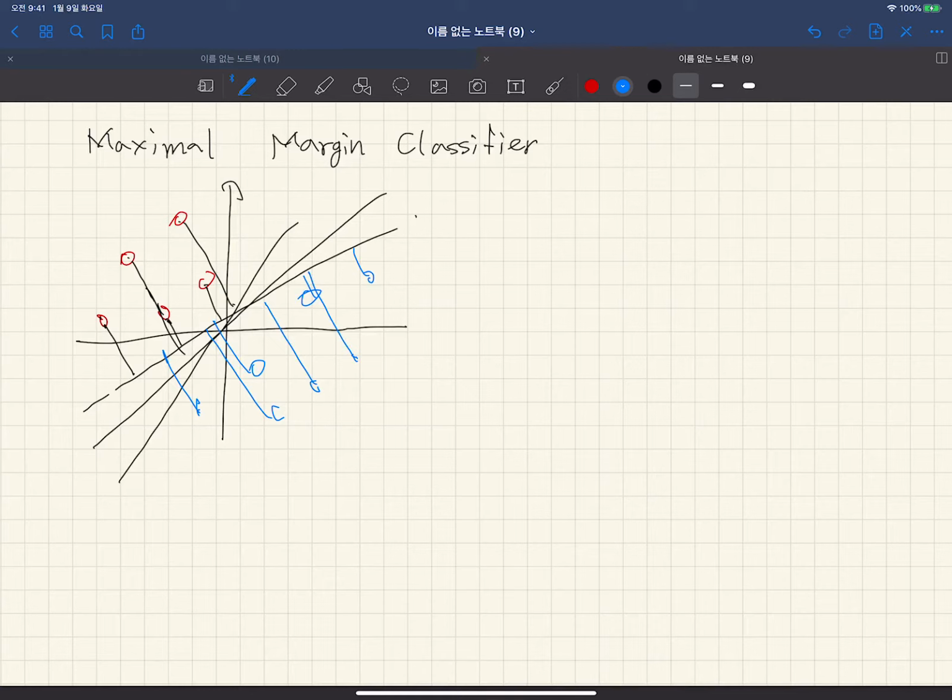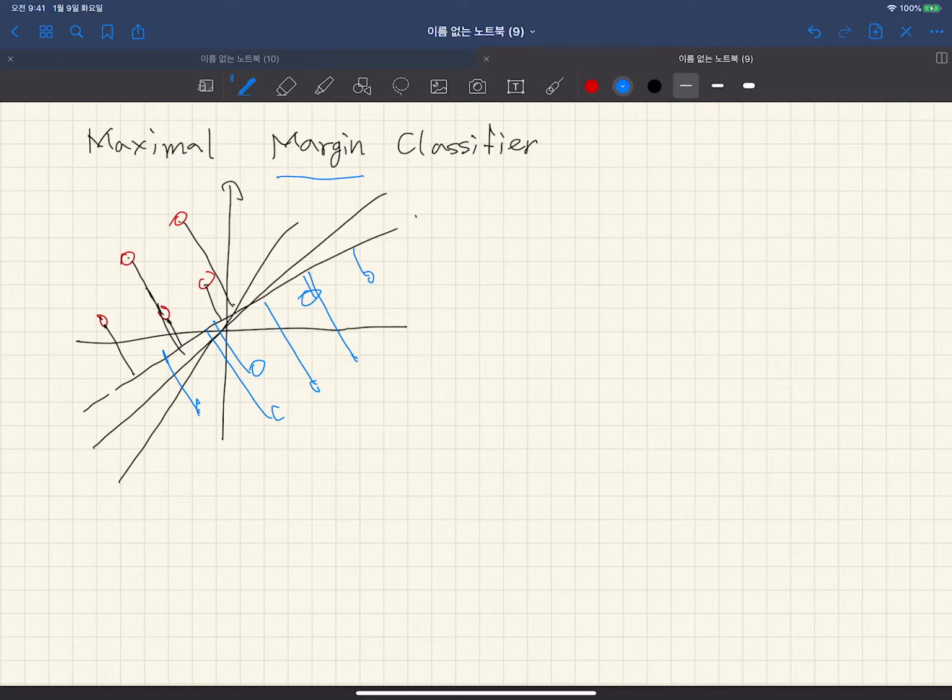Among all distance values, the most important value is the least one. Which one is the closest data point to the decision boundary? The margin is the distance to the closest point.